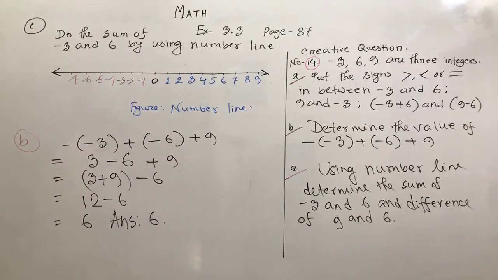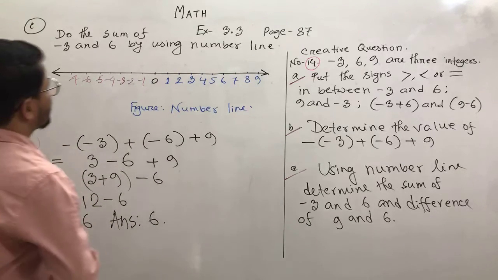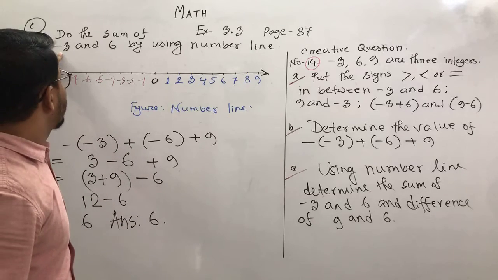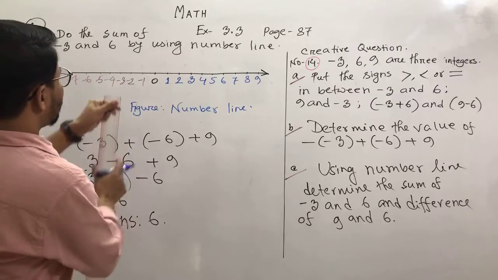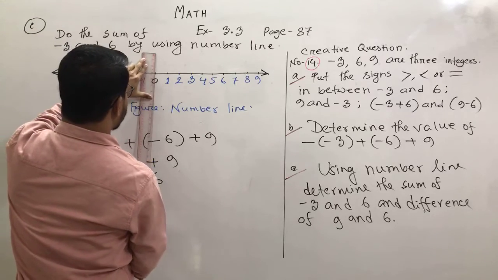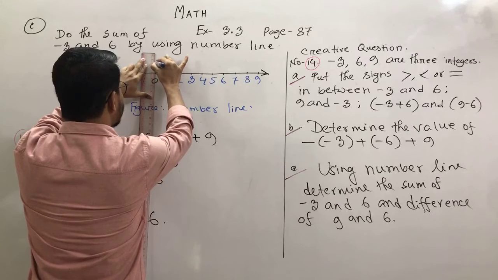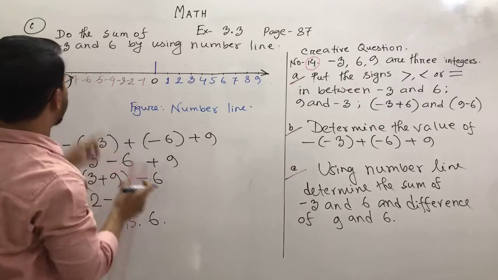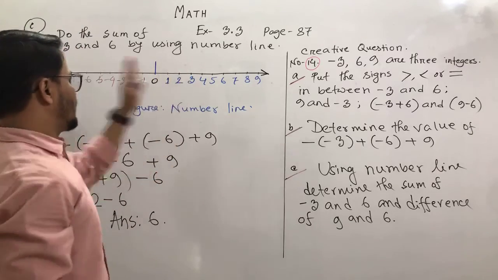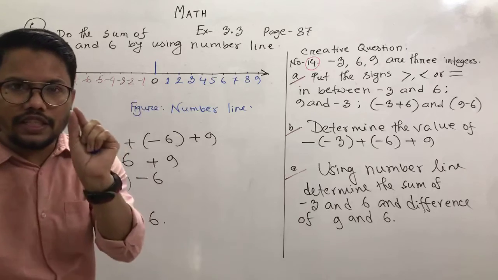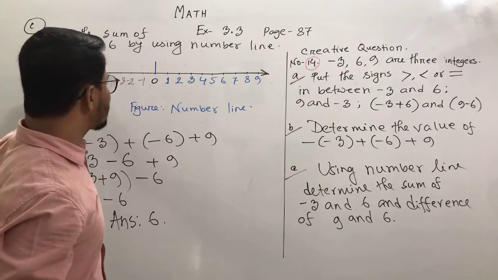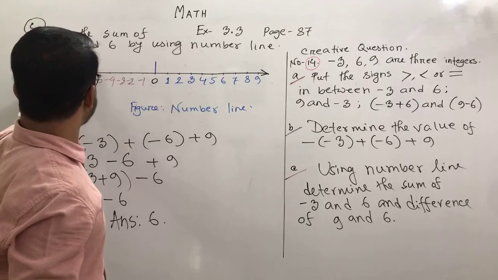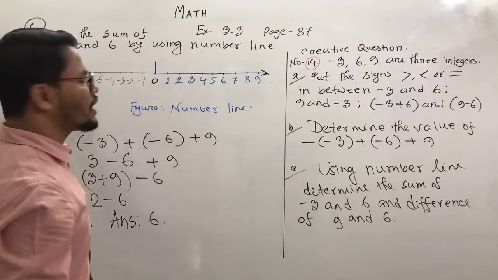Okay, dear students, give attention. If you have missed the first few classes, now I think if you give attention, you can complete. This is -3, added with +6. So the first number is -3, started from 0. -3 indicates 3 steps left from 0, because this is a negative integer and this side is for the negative integers.